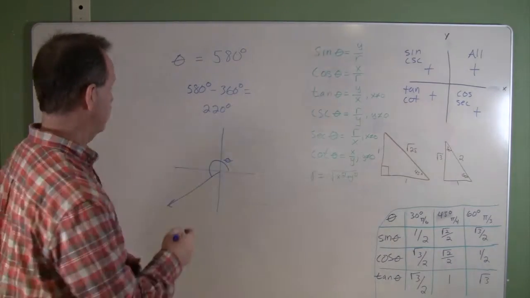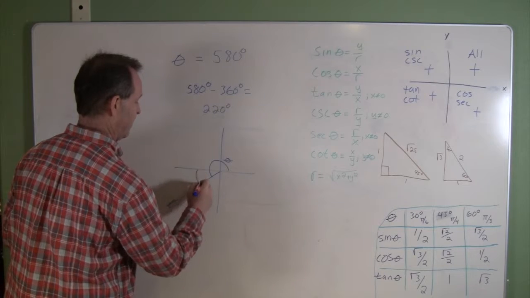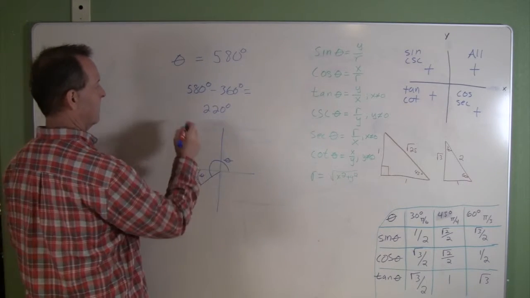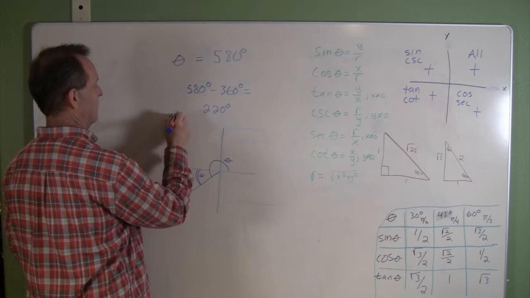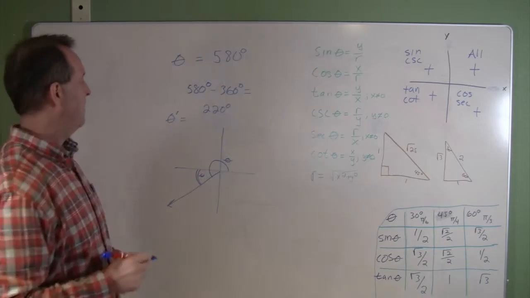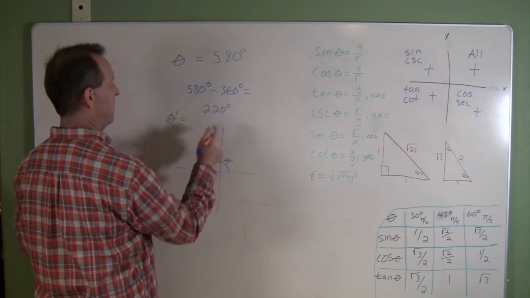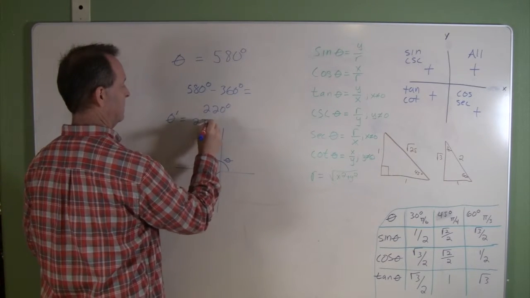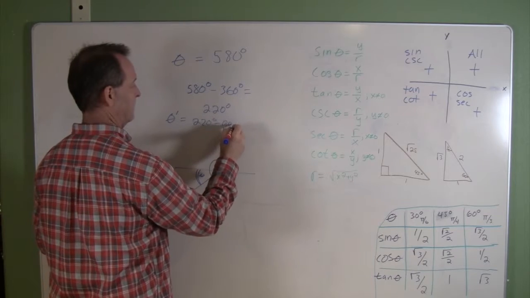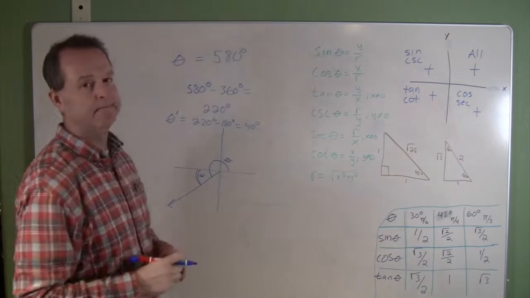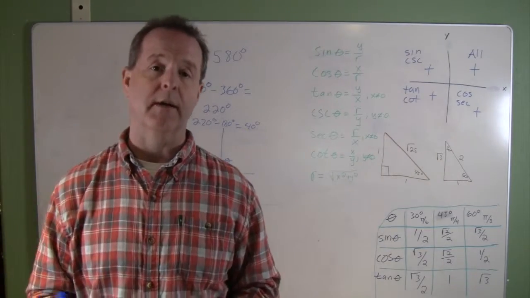My theta prime, which is just this little batch right there, what's the remainder? I'm going to have to subtract 180 degrees from that. Equals 40 degrees. So my reference angle there is 40 degrees.